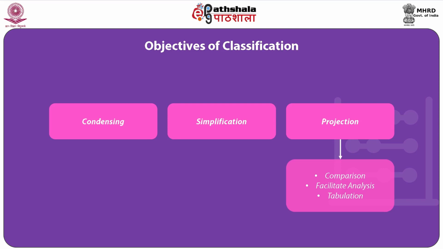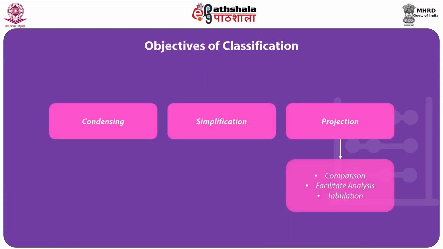Mainly, classification is done for condensing. The major objective of classification is to present the huge data in condensed form, so that it may be easily grasped and comprehended. The second objective is simplification, to simplify complex and scattered data into concise and logical form, so as to make it easy to understand and use.